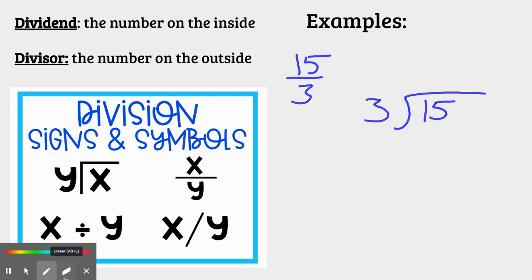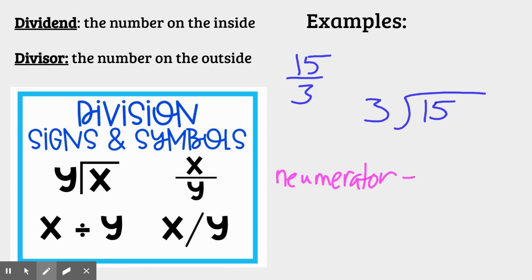One way to help you remember this is if you've ever seen Finding Nemo, our characters Nemo and Dory. We're going to have the numerator stand for Nemo and the denominator stand for Dory.